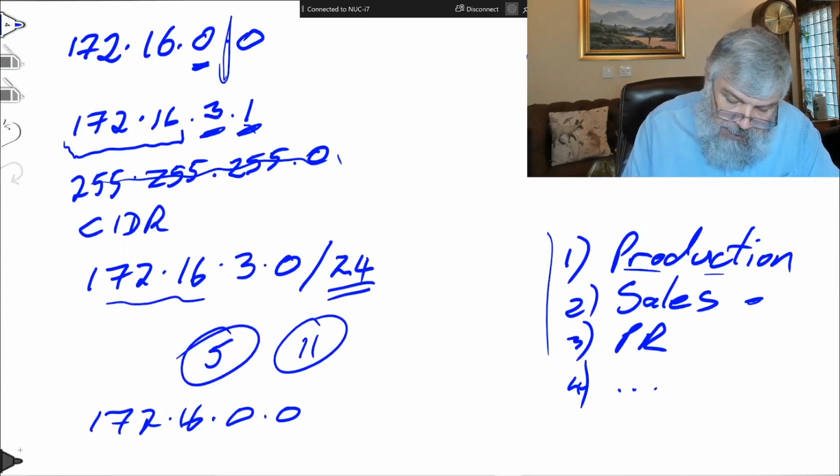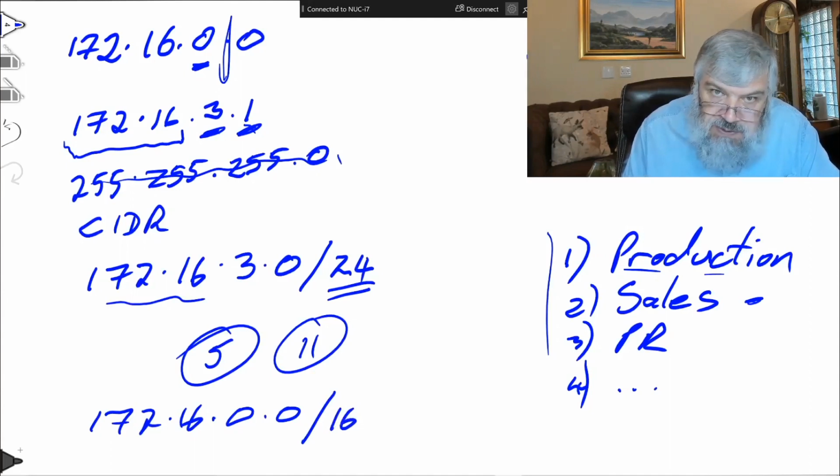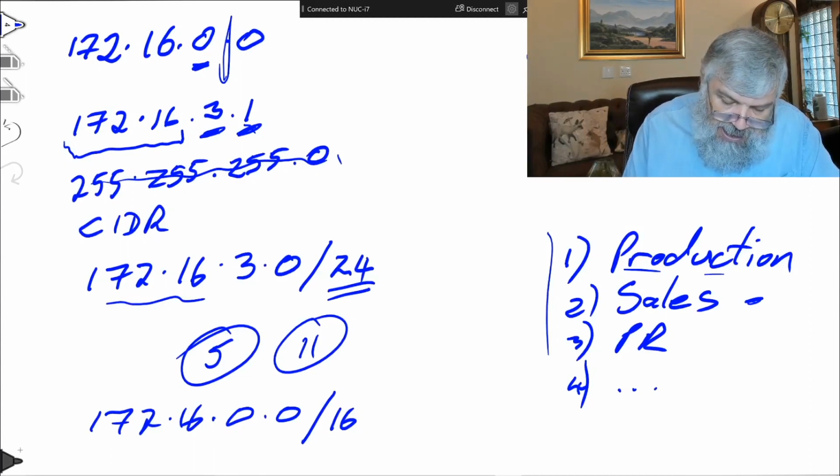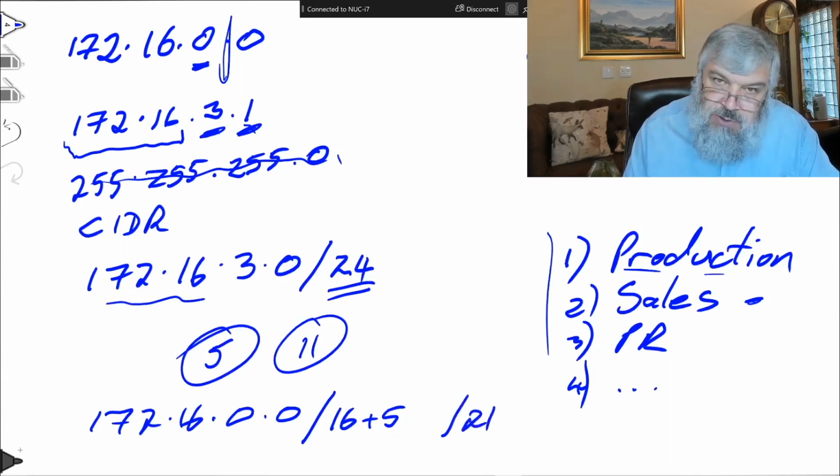And then I will know that my network portion consists of the 16 bits that I've been given, because, again, it's a class B address, as long as we can use the word class. And for subnetting purposes, I've added 5 bits internally. But rather than writing 16 plus 5, I will write /21. In other words, my CIDR number that I write after the address is 21.